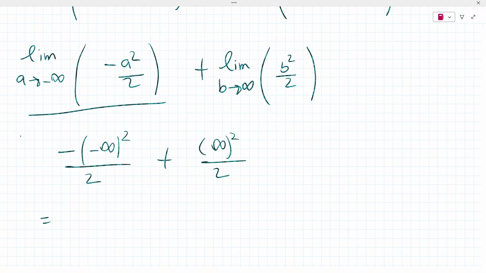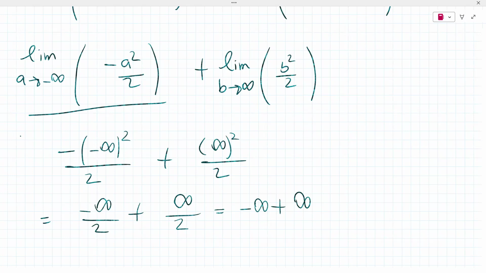Negative infinity squared is positive infinity, and then you have this extra minus, so that's negative infinity over 2, plus infinity squared over 2. What's negative infinity over 2? That's still technically negative infinity. Plus, what's infinity over 2? That's still technically positive infinity.